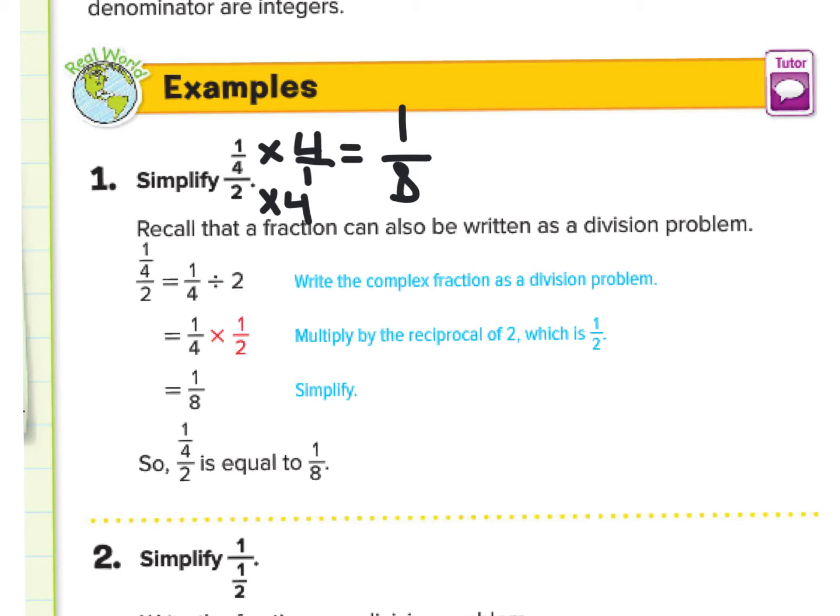All integers, all rational numbers are over 1. So we keep, we change to multiplication, and we flip. You see, it was 2 over 1, now it's 1 over 2. And you multiply numerator with numerator, denominator with denominator, and you get 1/8, just as we did up here. So 1/4 divided by 2 is equal to 1/8.